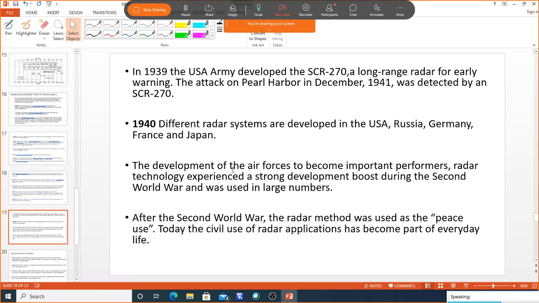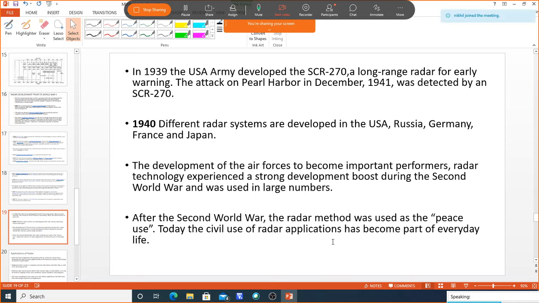So the development of the air force became important, because whenever a world war happens, air attack is of major importance. The radar system built on the aircraft is also of primary importance. That's why they were trying to use the radar system in large numbers.